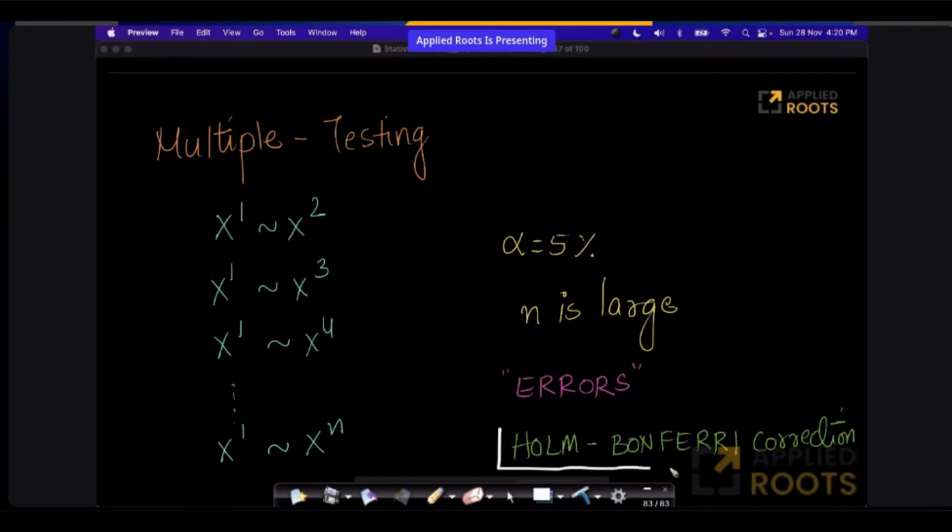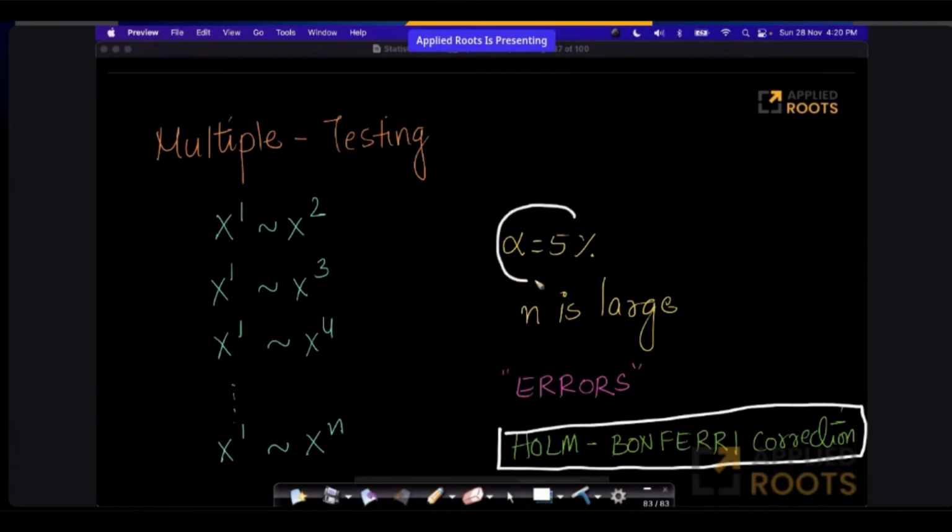The idea behind it, again, I'll not be able to go too deep into it, but the idea behind Holm-Bonferroni correction is this. It says, when you're doing so many tests, don't use the same significance level for all the tests. Have much more stringent alpha values. So for your p-values, you'll get some p-value for each of them. For this, you might get a p-value of 16%.